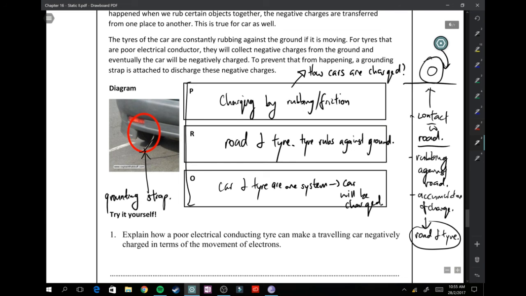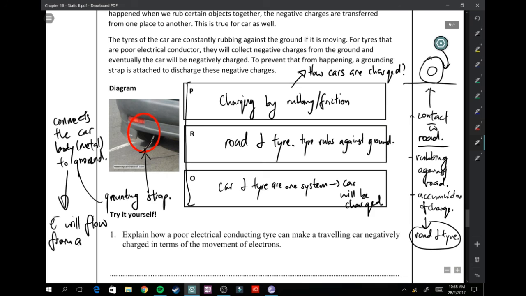Basically it connects the car body, which is a metal, to ground. In this case, the electrons will flow from car to ground, and this is how you actually discharge it.